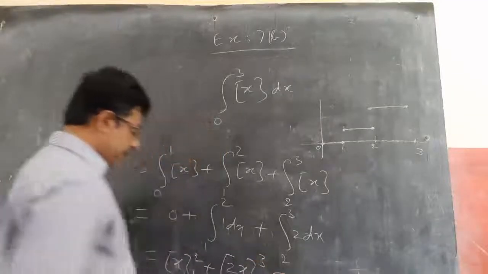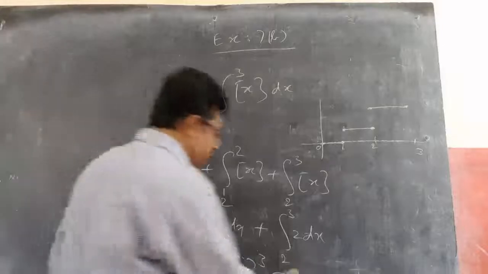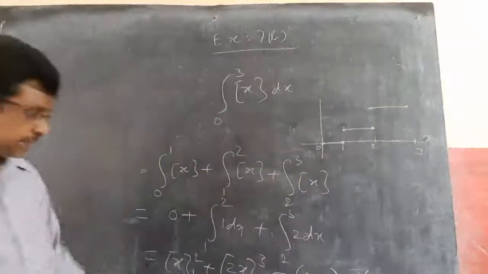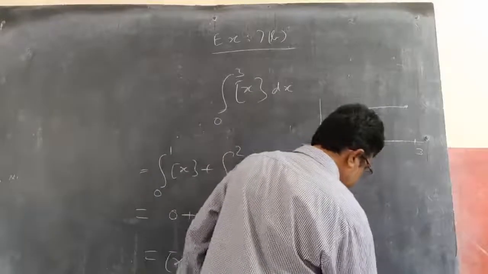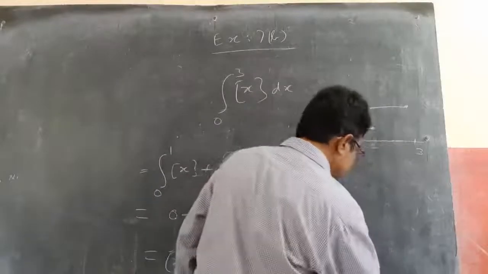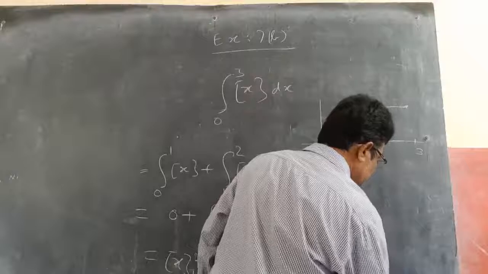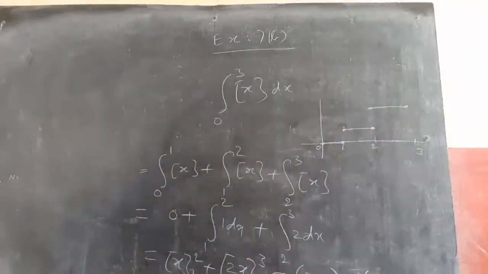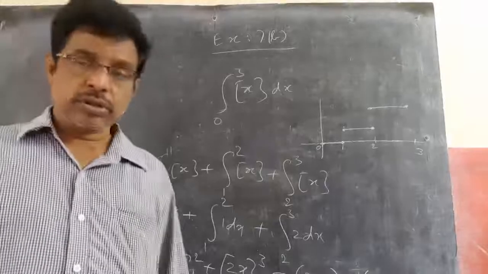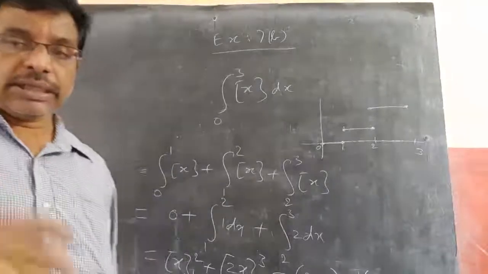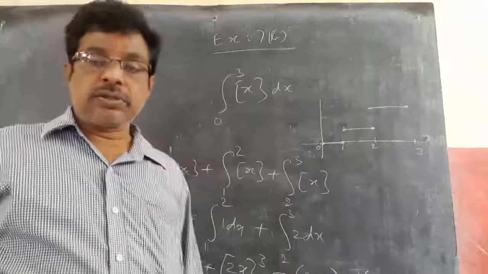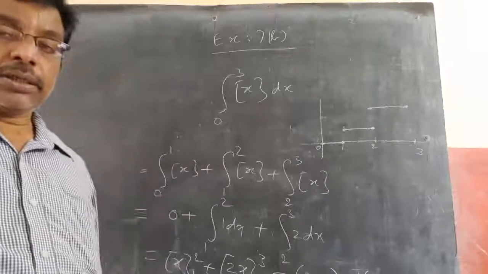Now upper limit minus lower limit: 2 minus 1 plus 6 minus 4. So the final result is 1 plus 2 equals 3. Like this we'll continue. We'll do the remaining part in the next class.